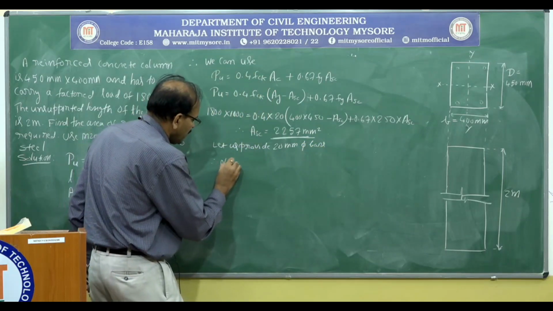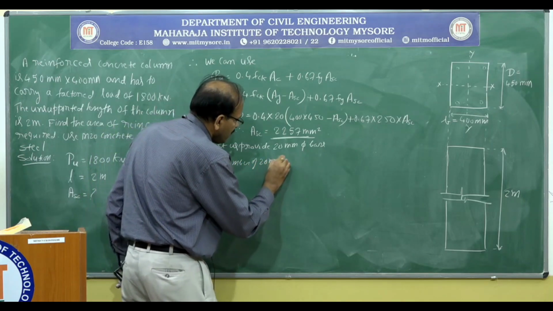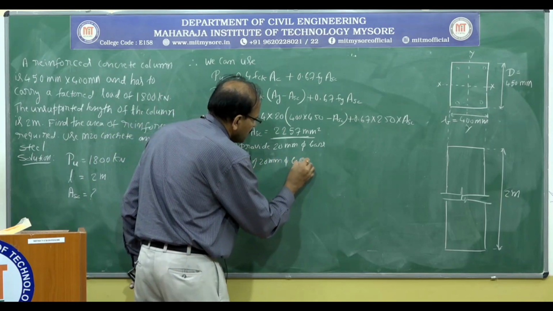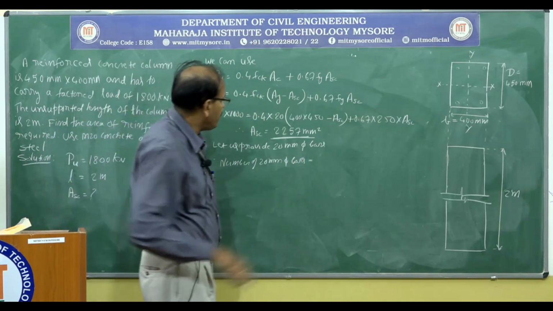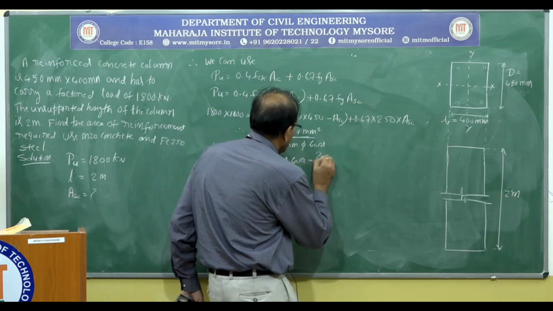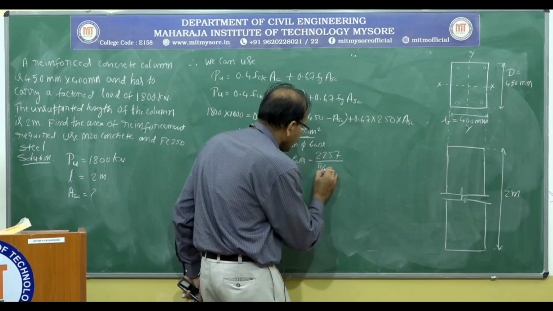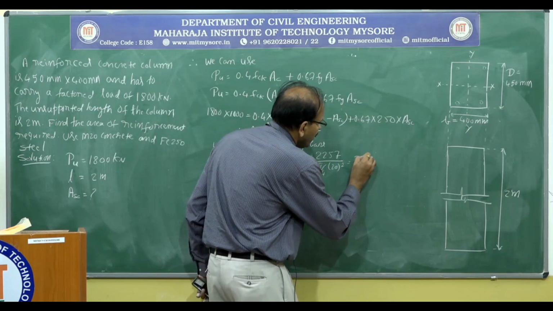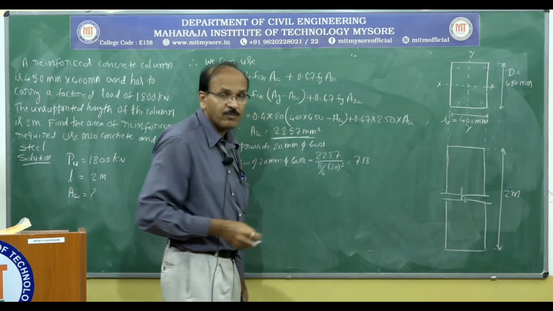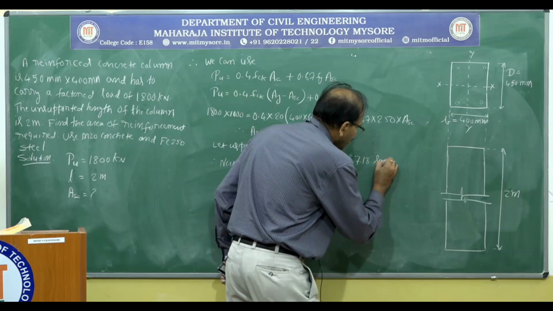Therefore, number of 20 mm dia bars equal to total area required divided by area of each bar equal to 7.18. Of course, we cannot provide 7.18 bars. Instead, we go ahead and provide 8 bars.